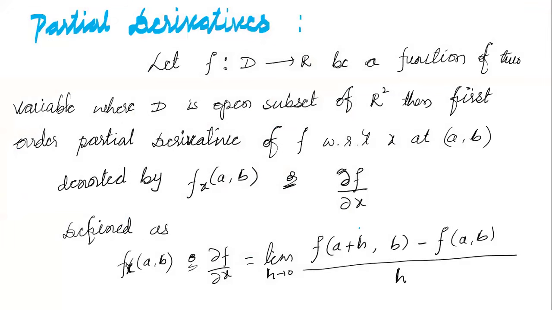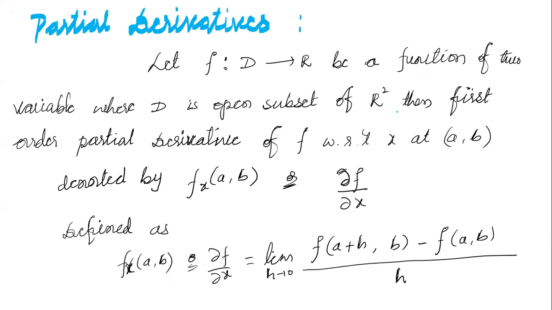Now, the definition for partial derivative: let f from D, a subset of R square, D being the domain, be a function of two variables where D is an open subset of R square.